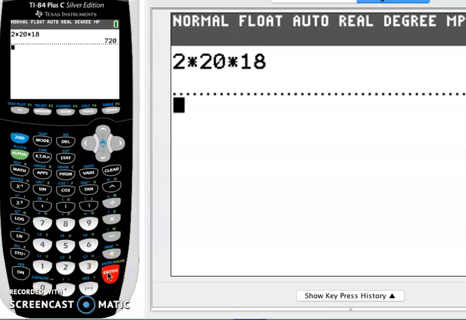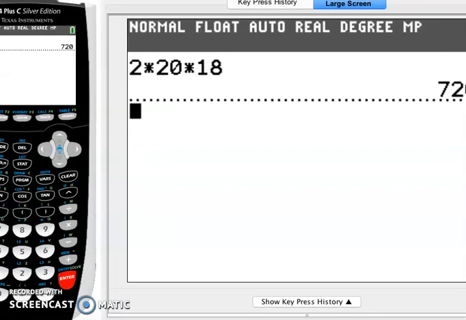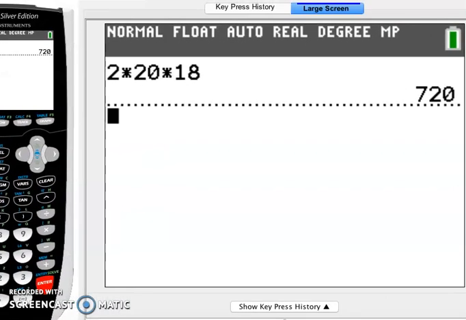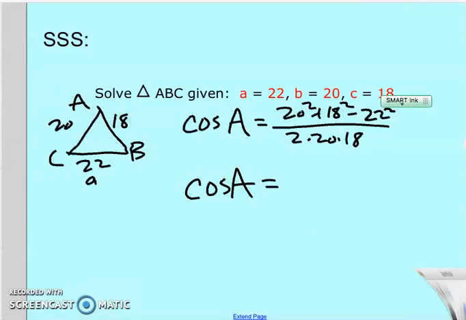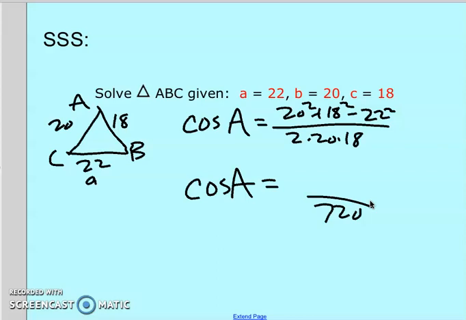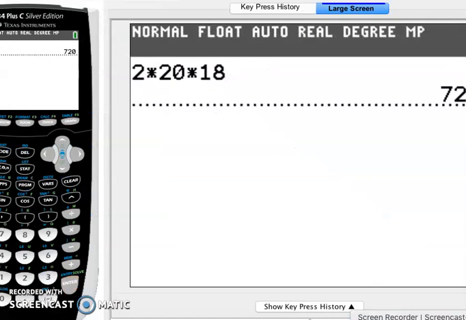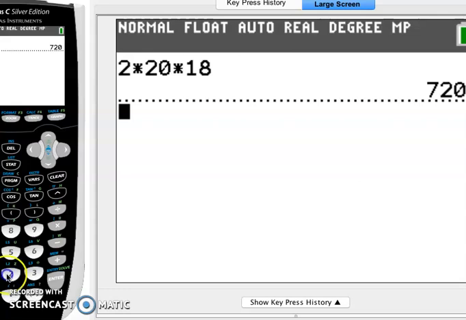Let's move that over a little bit so we can see it. 720. And then we're going to get the numerator, 20 squared plus 18 squared minus 22 squared.